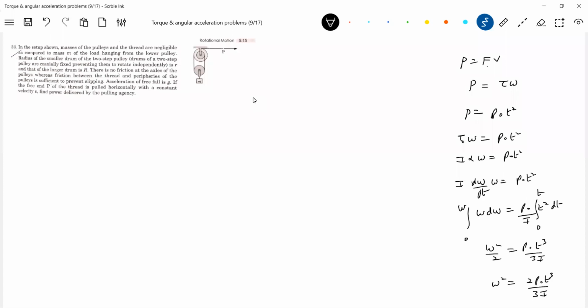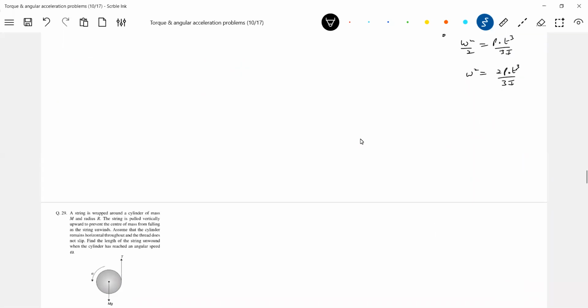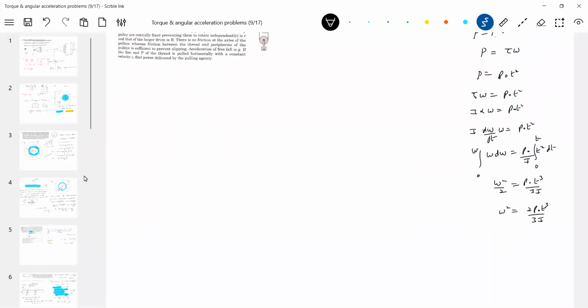Instead, if power varies as a function of theta, not time, then how to calculate angular velocity? I think I'll put it in a separate diagram, just rotational power. At least in mains or in advanced anyway, they may ask such simple questions.